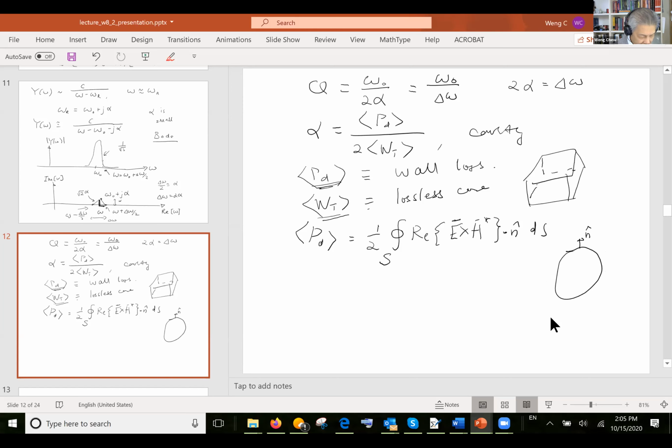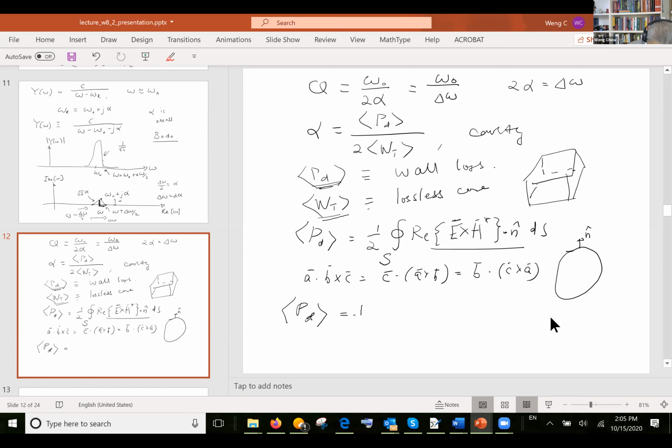How do we find this expression? Well, I would like to rewrite this equation using the cyclic formula that A dot B cross C is equal to C dot A cross B is equal to B dot C cross A. Then I can make it cyclical and write the power dissipation, the wall loss, as equal to half the real part.